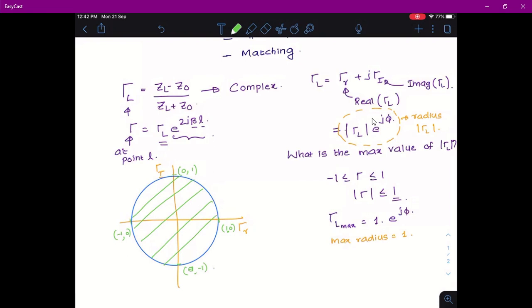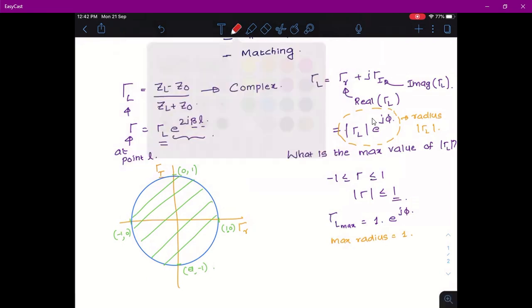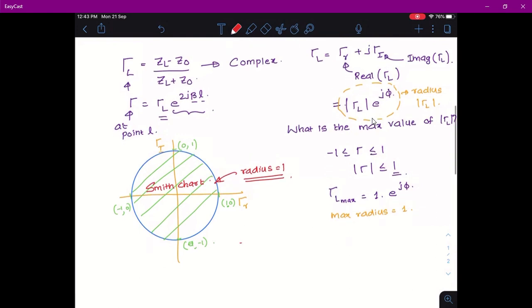Okay, and we draw the Smith chart inside this circle. So whatever is shown in that Smith chart is inside this circle of radius 1. So this circle has radius equal to 1 because we are drawing a Smith chart. I write Smith chart as SC.